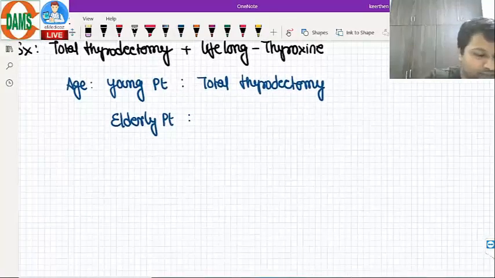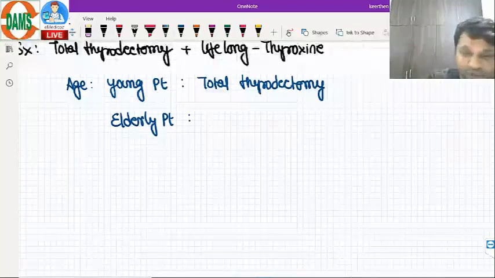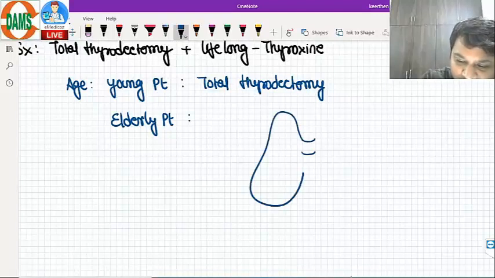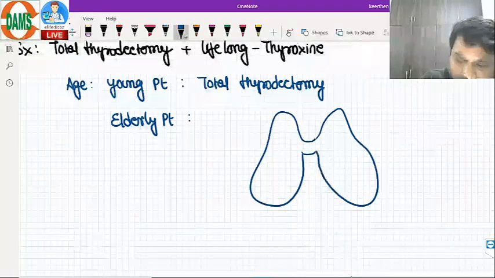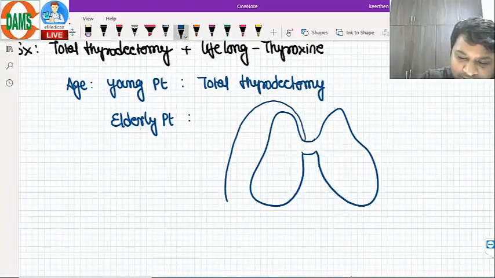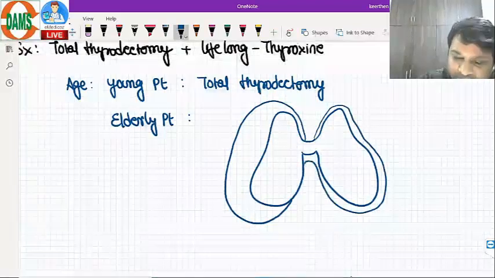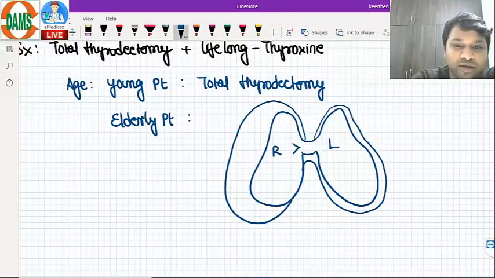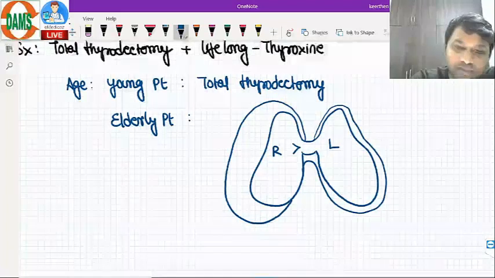Why it is tricky is you have to go for surgery, but judicial surgery is what they excise. Whichever lobe is involved, let's say this is the gland, let's say both lobes are involved, but the right side is involved more when compared to the left side. The entire gland is enlarged, but the right lobe is enlarged more when compared to the left lobe.